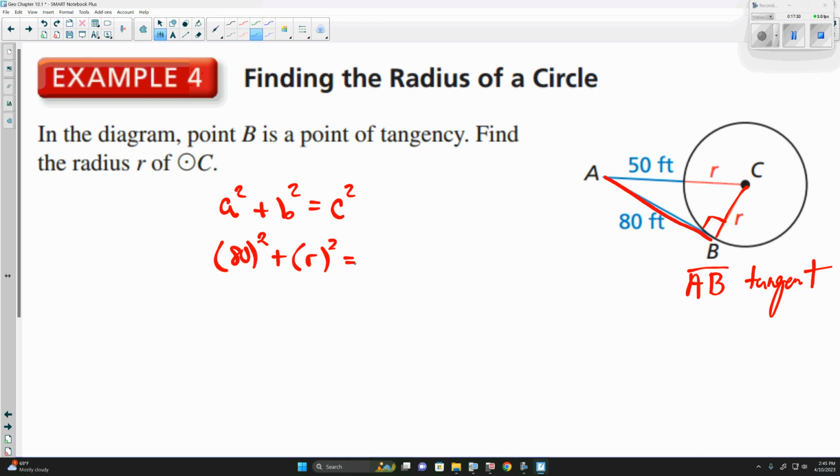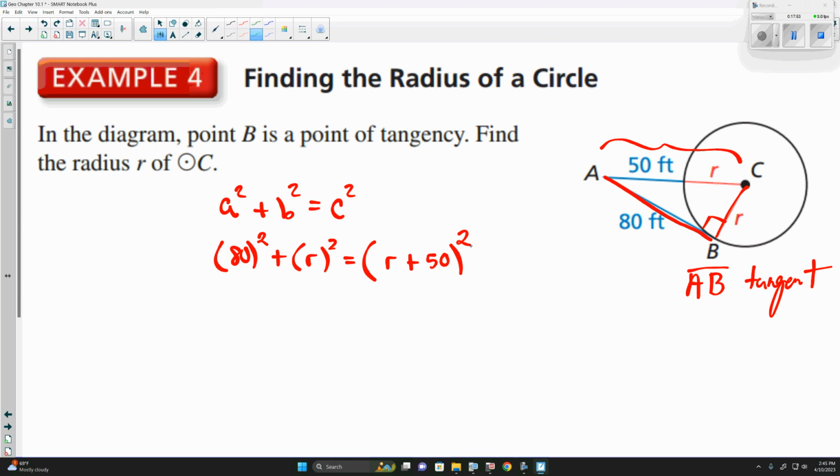One of the other sides is the radius. Because the hypotenuse is the side opposite the 90 degrees, which is this whole side here. Yep. 50 plus r squared, r plus 50 squared.